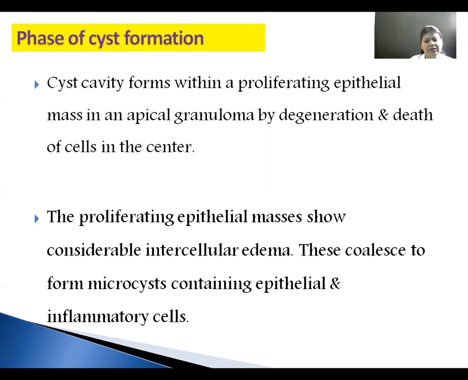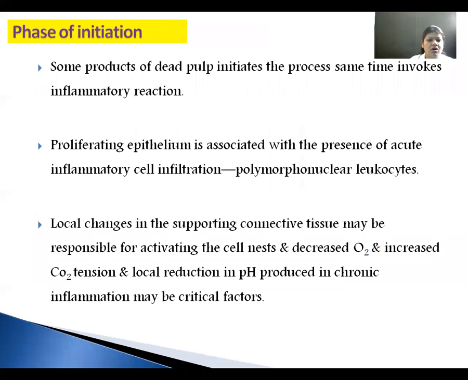The proliferating epithelial masses show considerable intercellular edema. These coalesce to form microcysts containing epithelial and inflammatory cells. Some products of dead pulp initiate the process and at the same time evoke the inflammatory reaction.